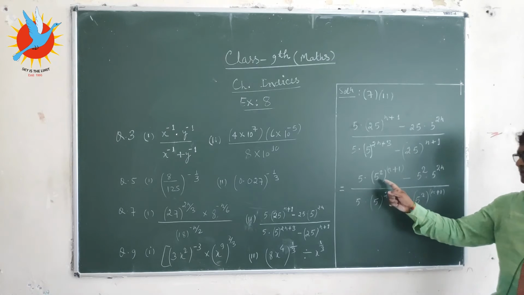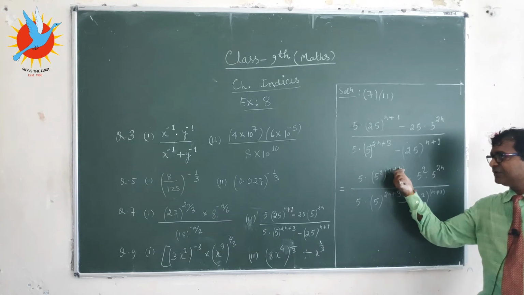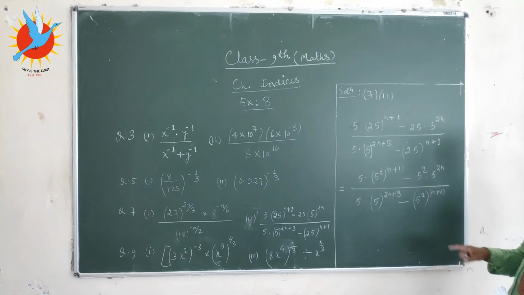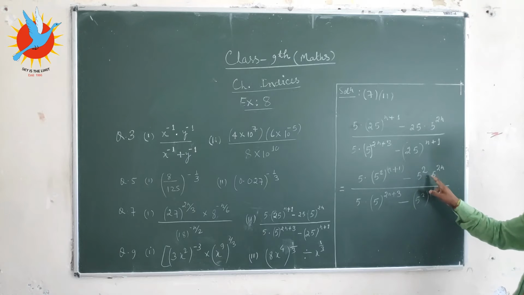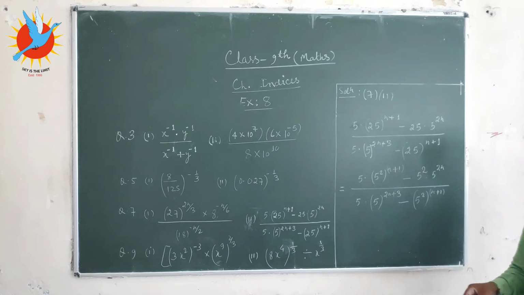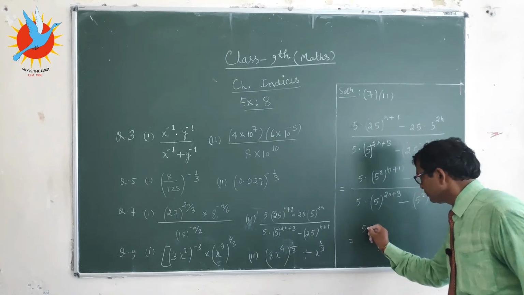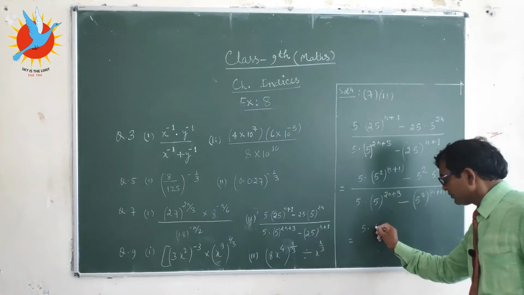Now this is a to the power m to the power n, so this power will be multiplied to this. Here this power is also multiplied to this, and this is as a to the power m, a to the power n, the bases are the same. After multiplying, powers will be added. So this can be written as 5 into 5.